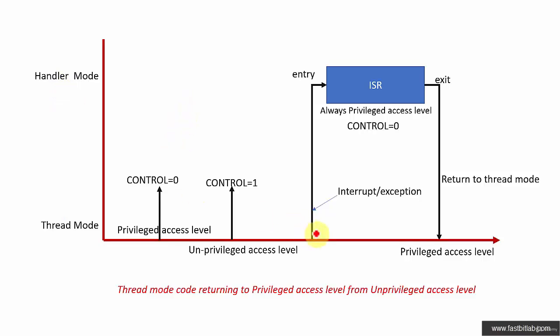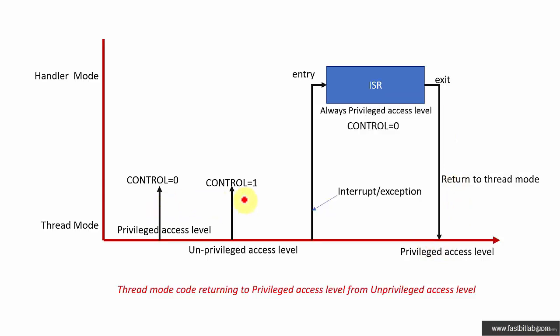Once an interrupt hits, the processor changes the mode to handler mode, isn't it? The ISR runs. As I said in the previous video, ISR always executes with privileged access level. Here you can modify the control register back to 0 and then exit to thread mode. The thread mode will be privileged access level.